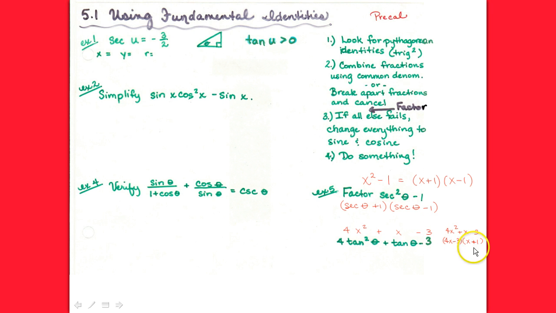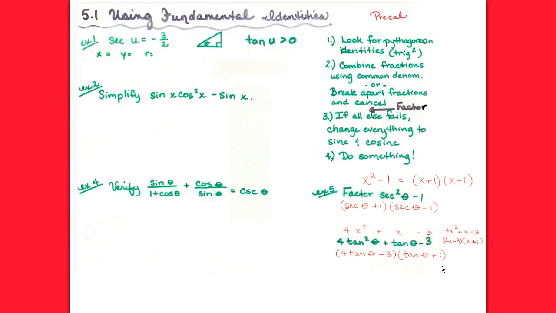That would factor to be 4x minus 3 times x plus 1. So if we had put x in the place of tangent, then we can just put the tangent back in for x. So 4x minus 3 would be 4 tangent minus 3, and x plus 1 would be tangent plus 1. So again, we did some of that factoring before, but just wanted to review back over that because we're going to need to apply that today.